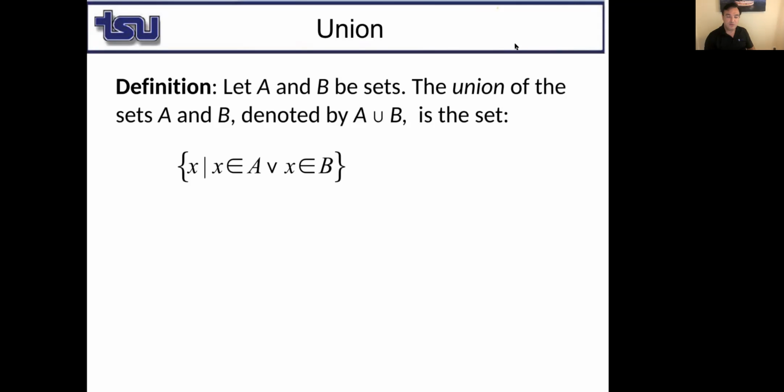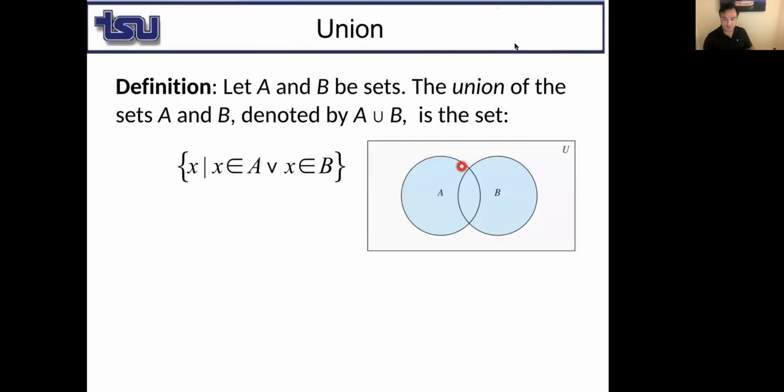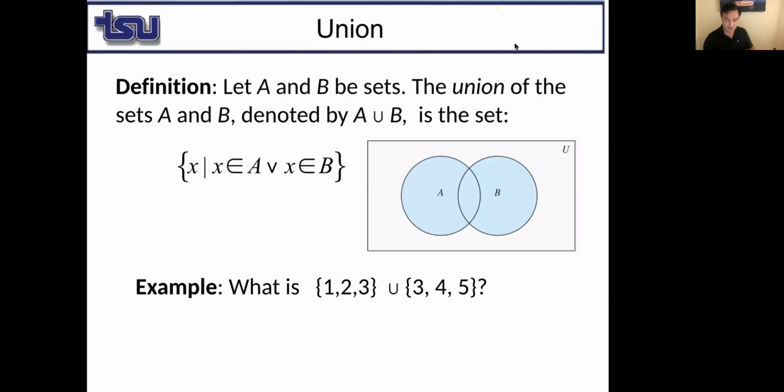We will have four operations: union, intersection, complement, and difference. Union: if you have two sets, A union B is the set that consists of all elements that belong to A and that also belong to B, okay? So basically, if this is set A and this is set B, all elements that belong either to A or B or both. For example, here, this is A, which has 1, 2, and 3, right?